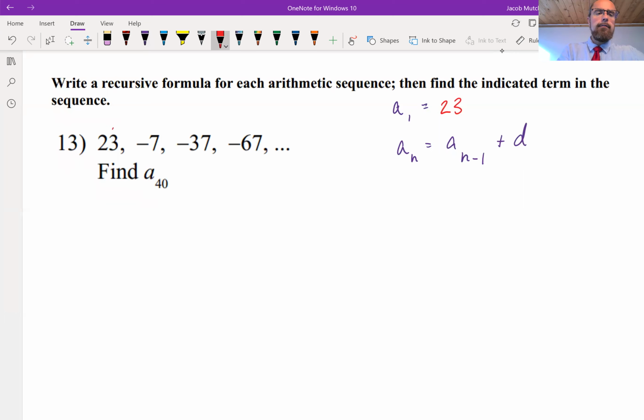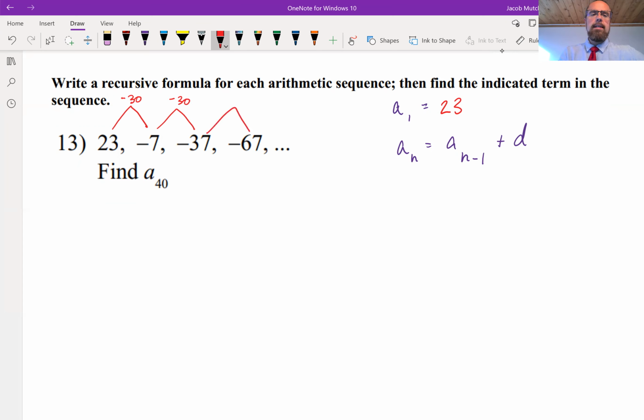And then my common difference, again, I'm going to take pairs of terms that are right next to each other, subtract the second minus the previous. So negative 7 minus 23, that's negative 30. Similarly, negative 37 minus negative 7 is negative 30. That's like negative 37 plus 7.